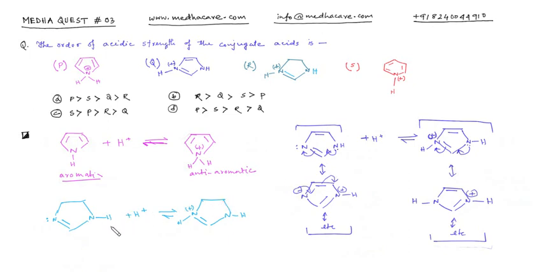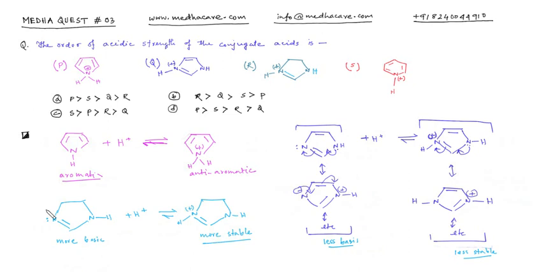This one is more basic, that means the conjugate acid is more stable. This is more stable compared to the less stable one. So this is more basic and this is less basic.